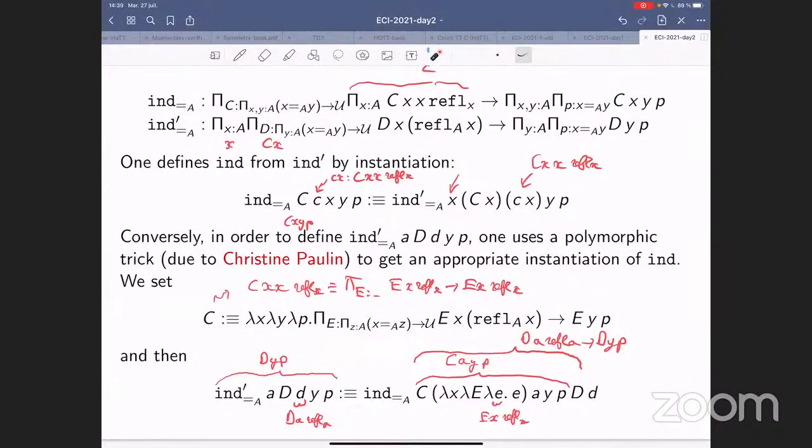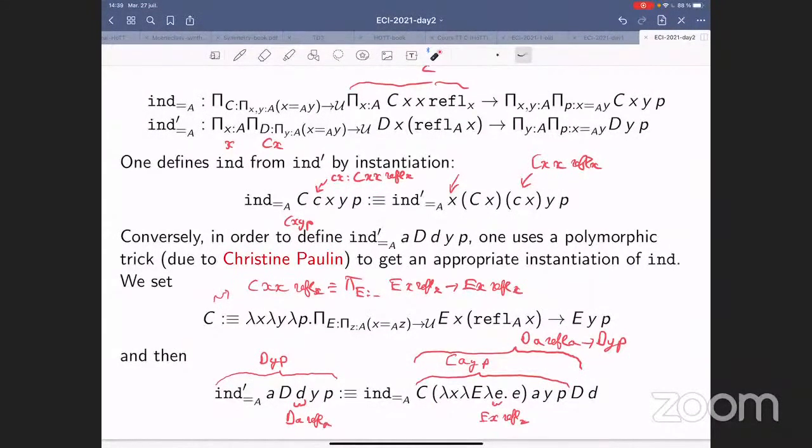But again, this E is variable. So this is a perfectly decent type family. Now, I apply the induction principle for the identity type, the J principle, to this family C. And then I need to find an appropriate function.